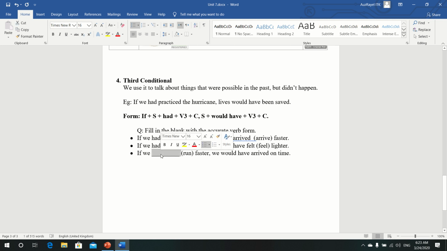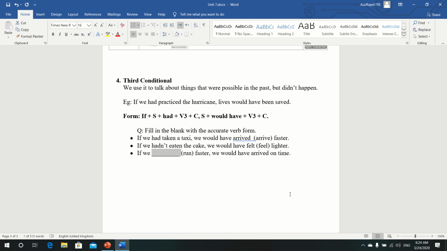If we, here we have the verb run, and we are in the first part of the sentence, not the second. You have to make sure about it. And by the first part, I mean the part that has the if. Sometimes it comes in the middle, and that doesn't make it the second part. I mean by first the part that has the if, the if clause.